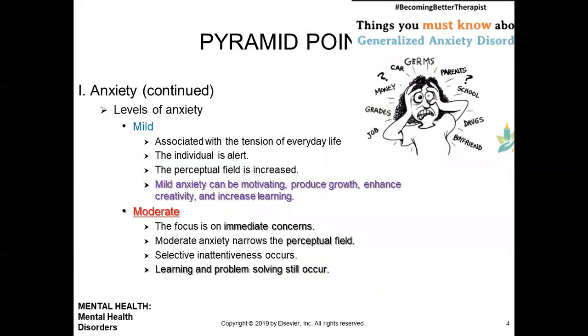What next? Next, we're going to categorize the anxiety levels. First one is mild. What is right here? It is associated with the tension of everyday life, the individual is alert, and also the perceptual field is increased. So what is the perceptual field?